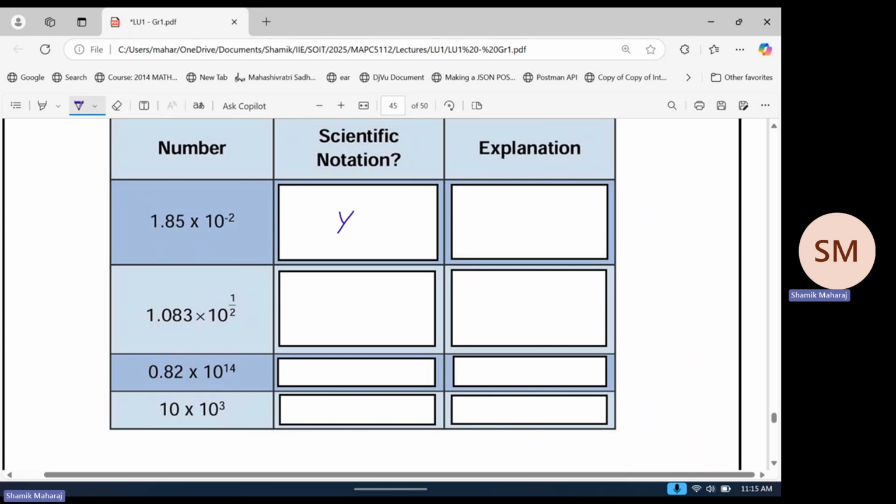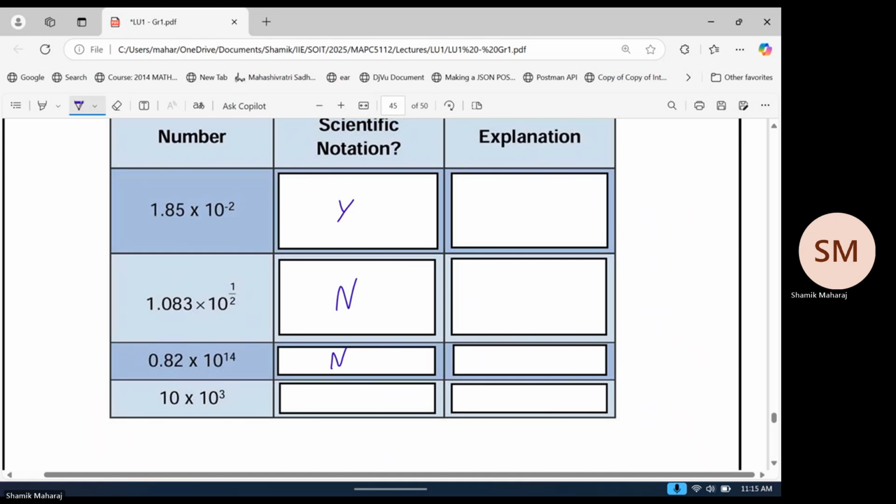Second number, is that scientific notation? People saying no, right? That's correct. It's not. Which criteria does it not meet? Not an integer, right? The exponent is not an integer. Okay. The third number? No, right? First criteria not met. Okay. The last one?